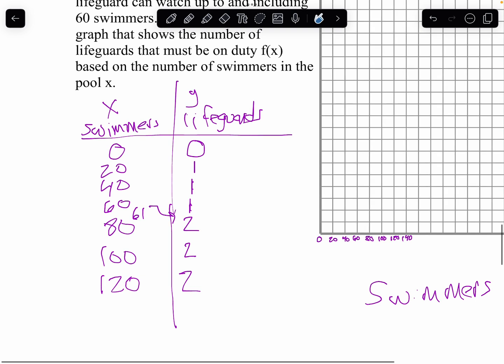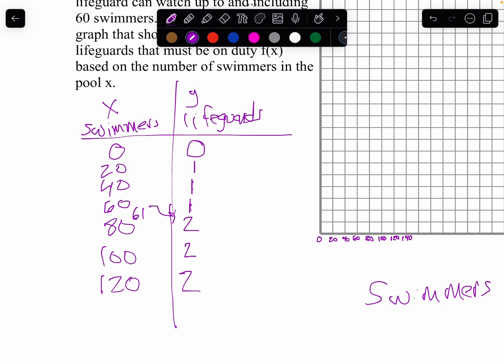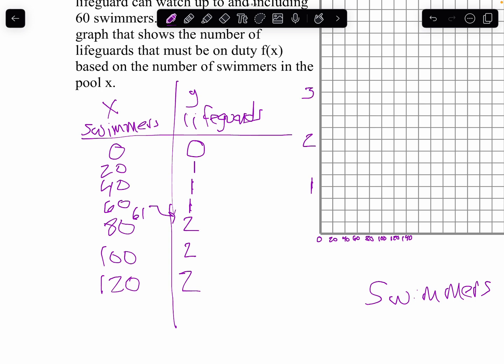Now, since I don't have to have that many lifeguards, I'm going to count by quarters. But I'm not going to put in 1 quarter. So 0.25, 0.5, every fourth one is 1. So 1, 2, 3, there's 1. 1, 2, 3, there's 2. 1, 2, 3, there's 3. Just so I can get them spread out.